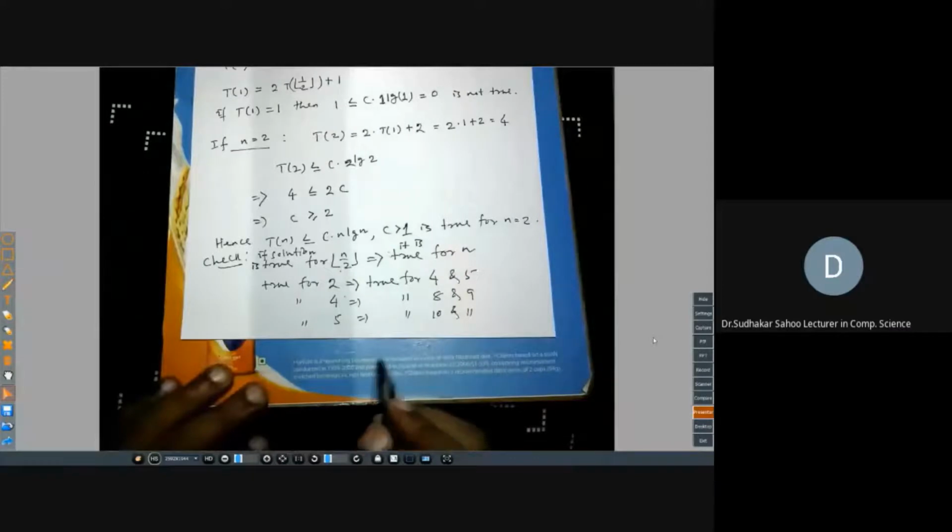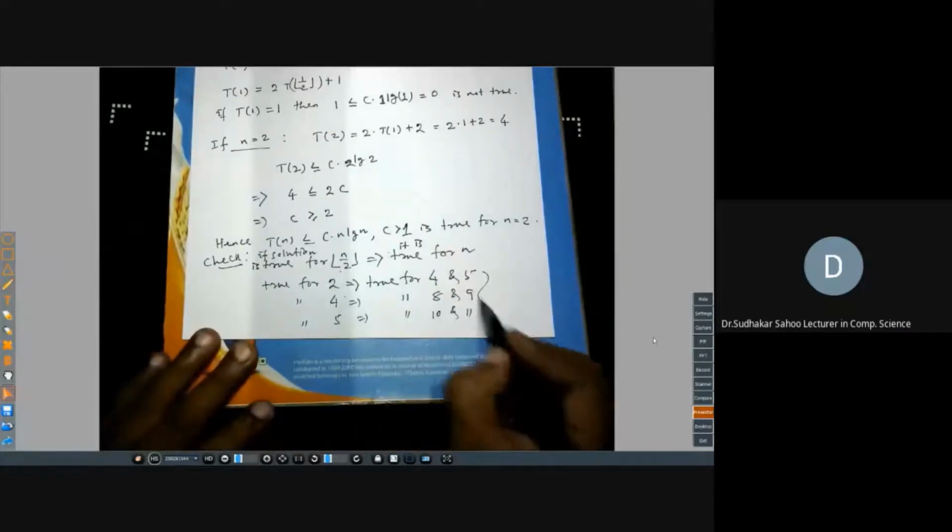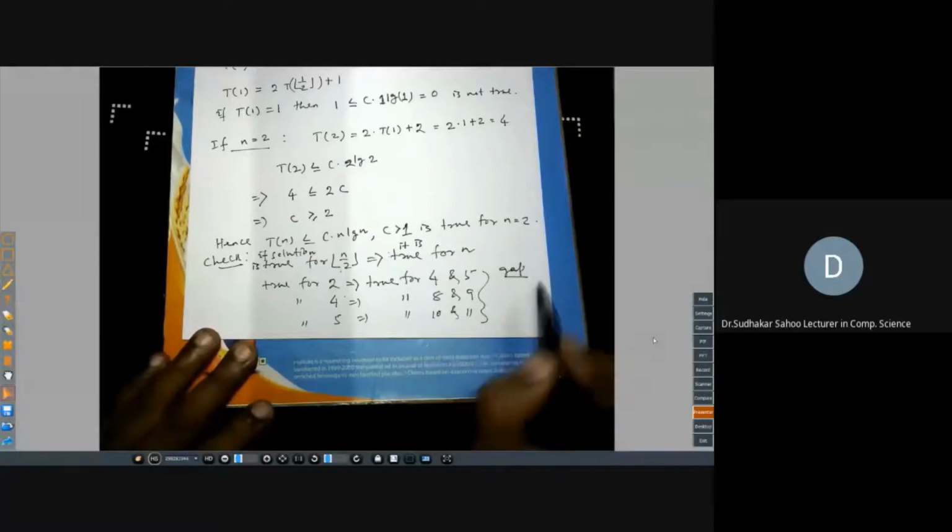Then if it is true for 4, it is true for 8 and 9. And if it is true for 5, it is also true for its double, 10 and 11. Now you can see that there is a gap: 3, 6, 7, that you haven't proved.